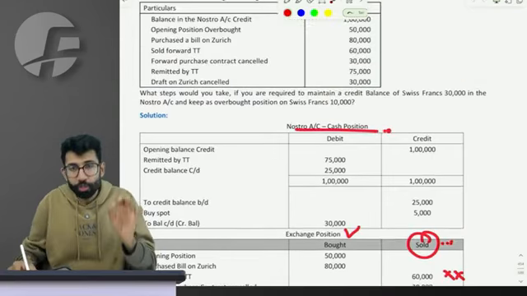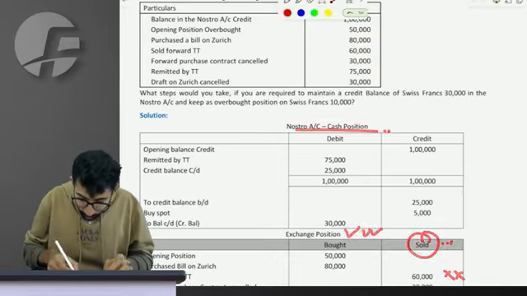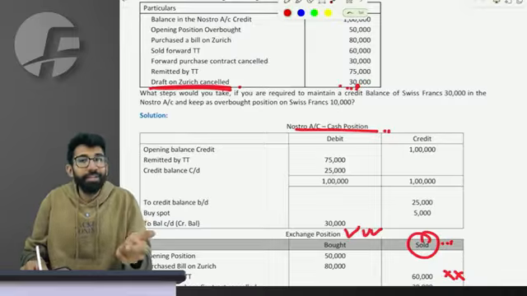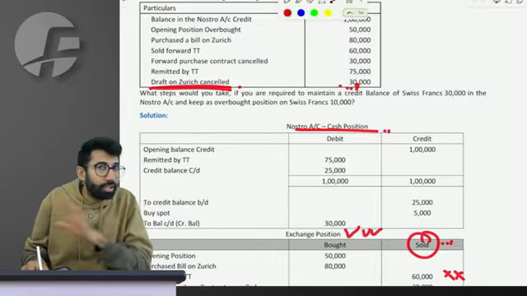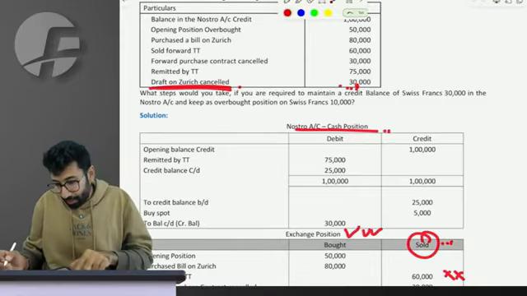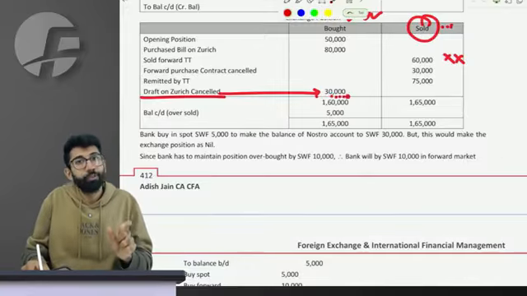Cash position would not have been affected, but exchange position would have been. Now, when that draft is cancelled, I will need to nullify the effect of it. When 30,000 was supposed to go out, now it will not, because the draft is cancelled, and accordingly I'll have to nullify the effect. I'll have to now show it as inflow.